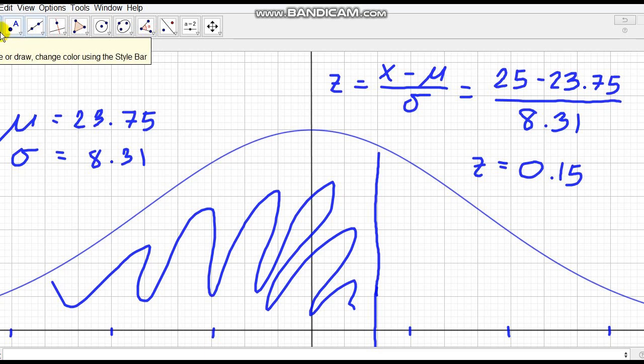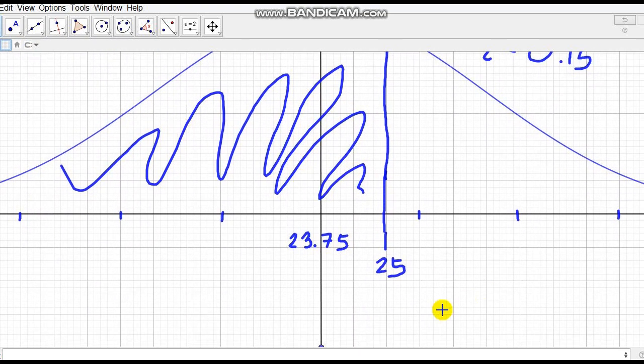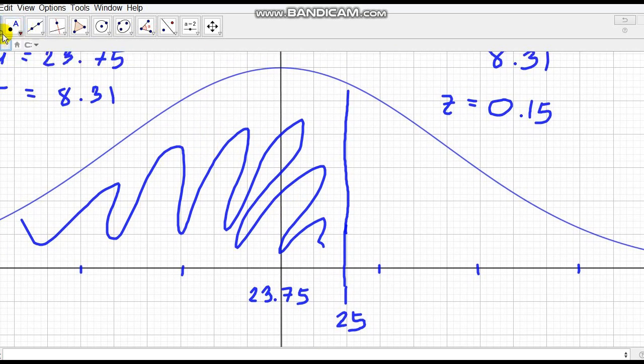Take note that 0.15 corresponds to the score 25. So we are going to get the area using the table of areas under the normal curve. Remember that this table is available in Appendix A at the back of your book. Also remember that the area corresponds only from the score towards the mean, so the area we're going to get corresponds only to this red area here.